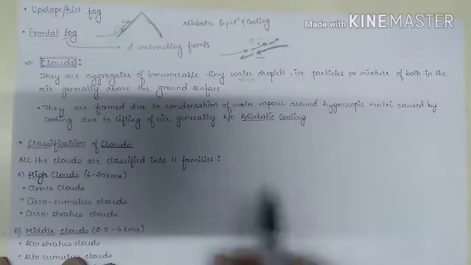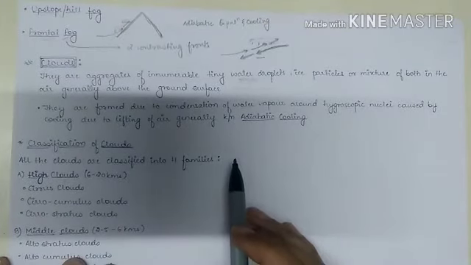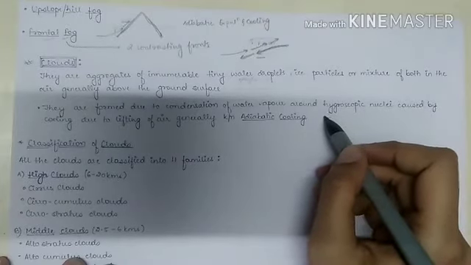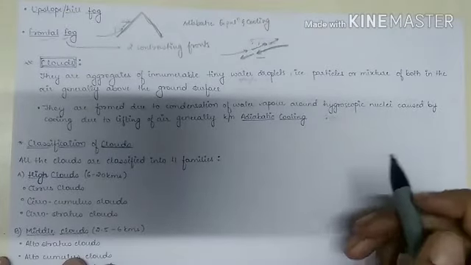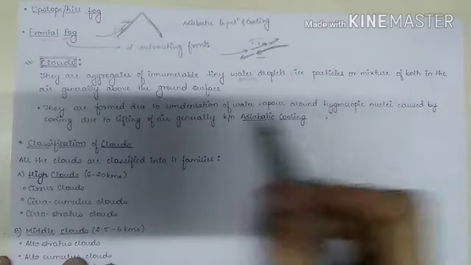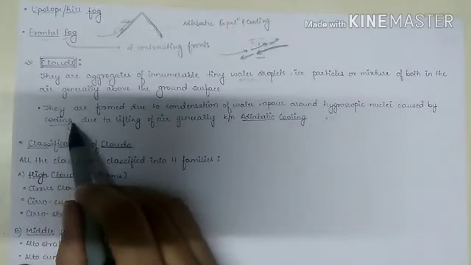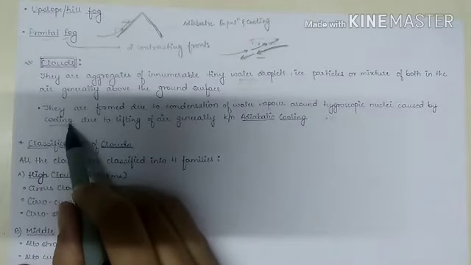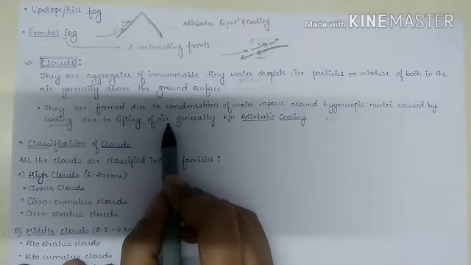Now, they are formed due to condensation of water vapor around the hygroscopic nuclei. So water vapor condenses around the hygroscopic nuclei. Why does this water vapor condense? Because of cooling. And this cooling is a result of lifting of air. Okay.